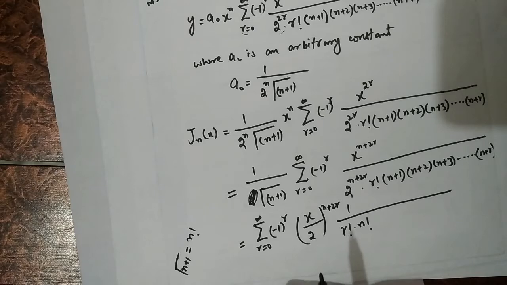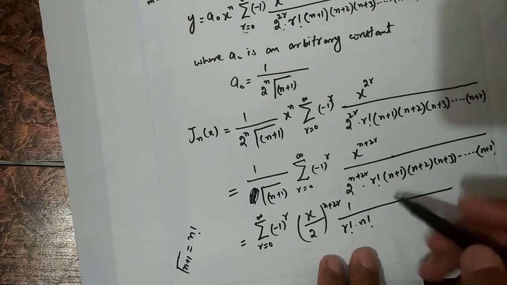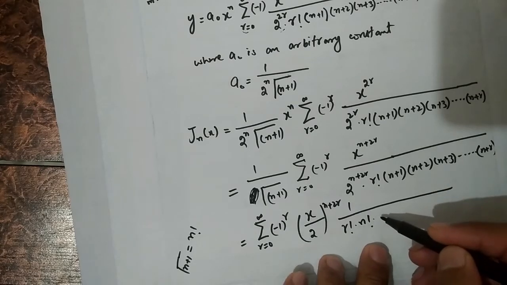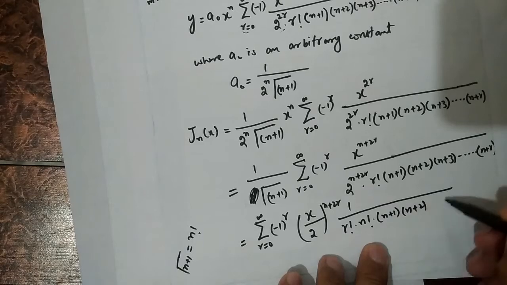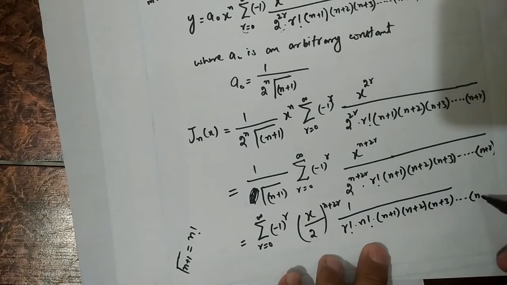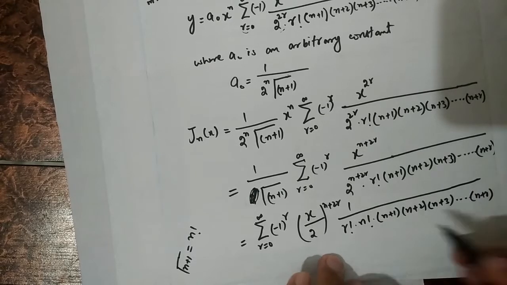You can watch it there, and the rest of the terms will be n plus 1 into n plus 2 into n plus 3 up to n plus r. Clear?